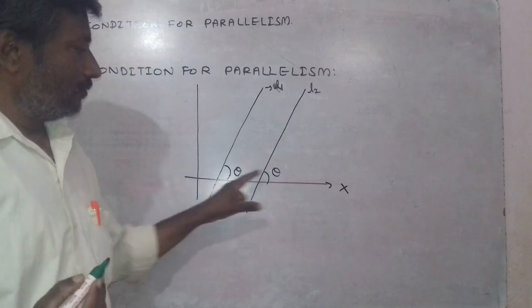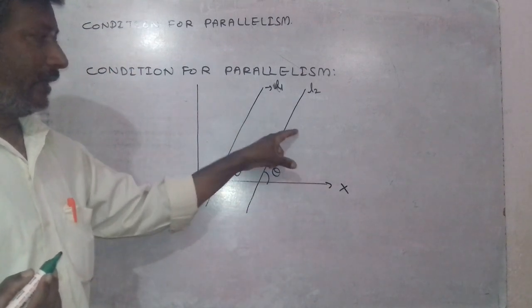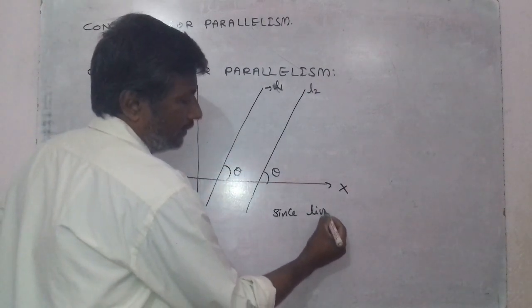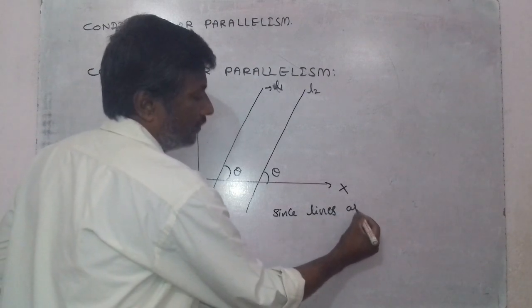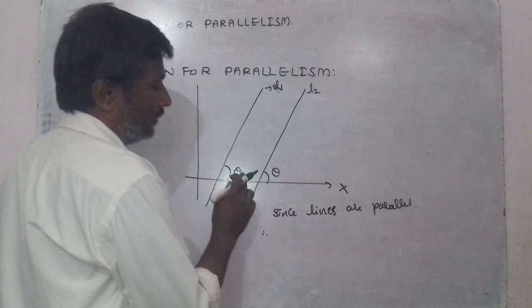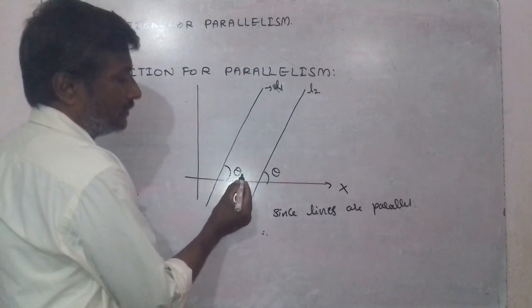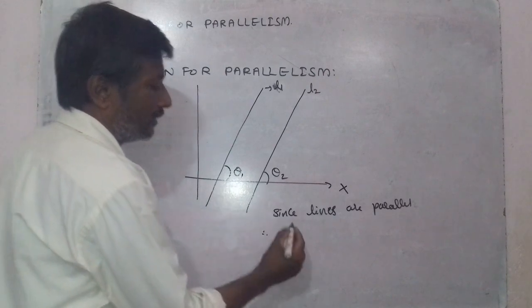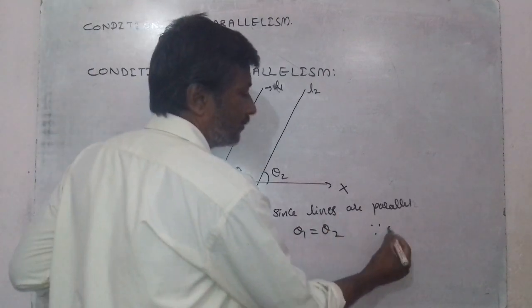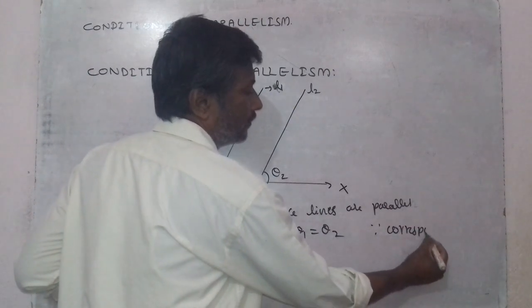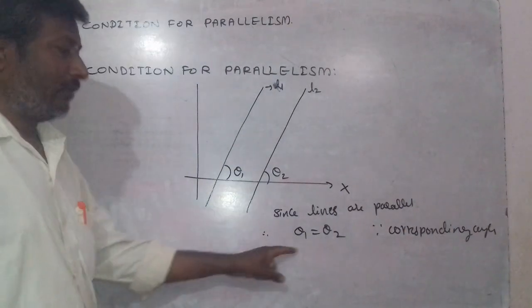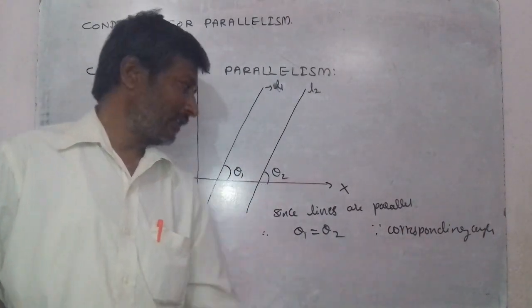So here the lines are parallel, therefore, this is theta 1, this is theta 2. So theta 1 equal to theta 2 because they are corresponding angles.